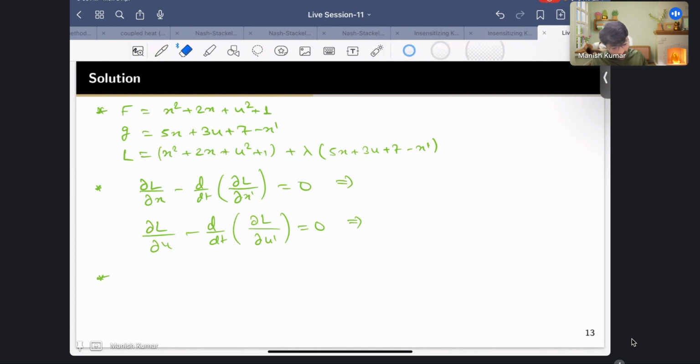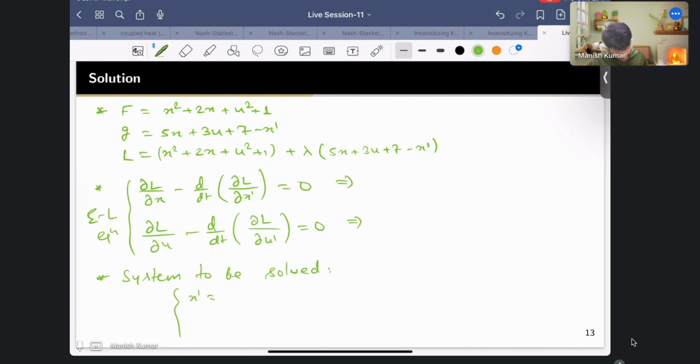This is the Euler-Lagrange equation. So here we'll get x prime equal to 5x plus 3u plus 7. Boundary conditions.